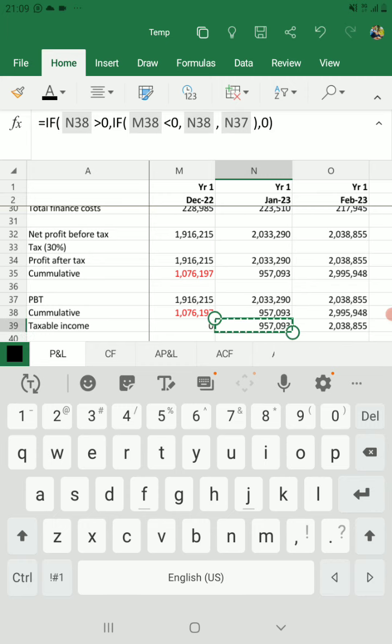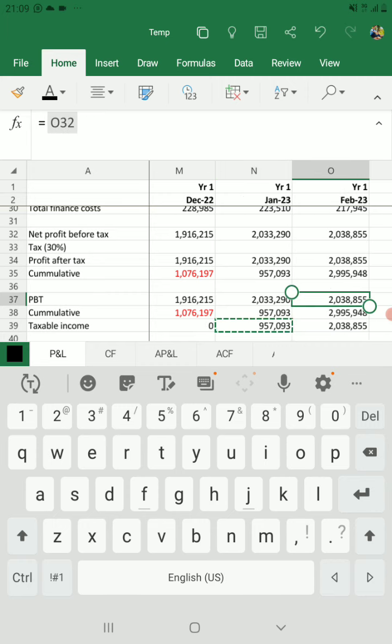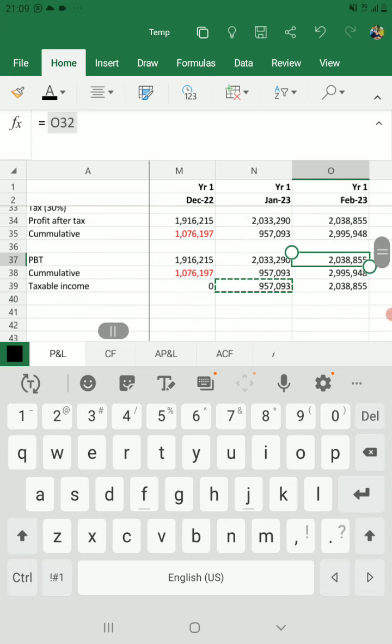This is what you are going to charge tax. But after you have exhausted your cumulative losses, then the taxable income is going to be the profit before tax figure here, because you don't have cumulative loss to reduce. So that is the logic of this formula to establish taxable income.